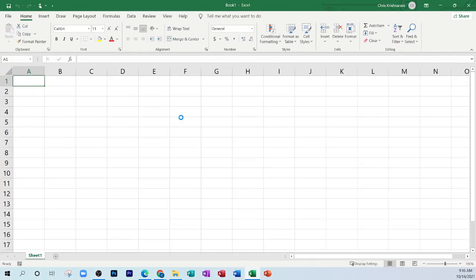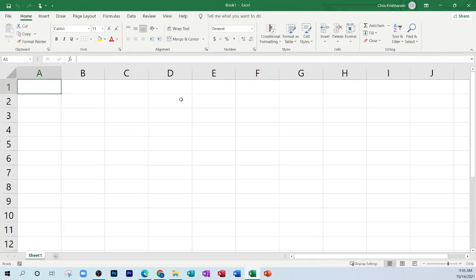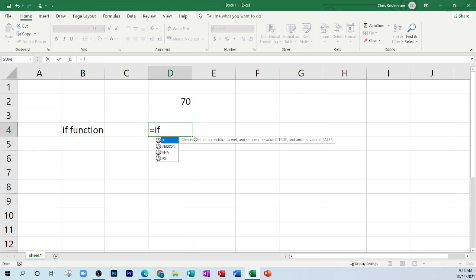All right, so let's look at our example now. We could say, we just put a random number, 70. We can create our own if function now. So I'm going to type equal if.